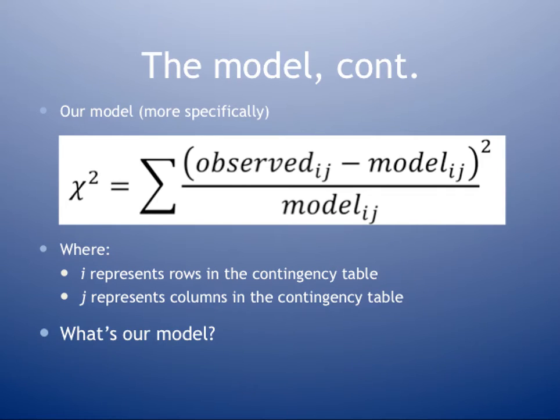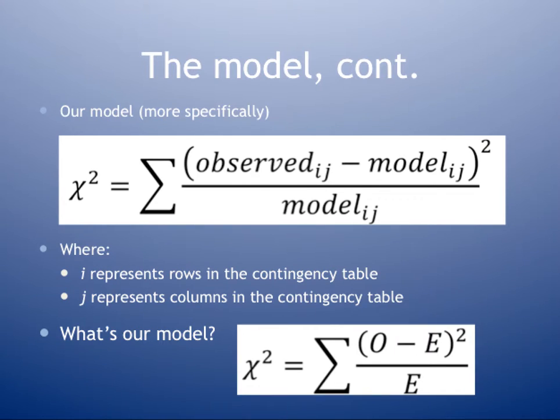So let's go to our model more basically. In our case, we are going to be looking at the sum of our observed values minus our expected values squared over our expected values. So this is how we go from talking about models to specifics.